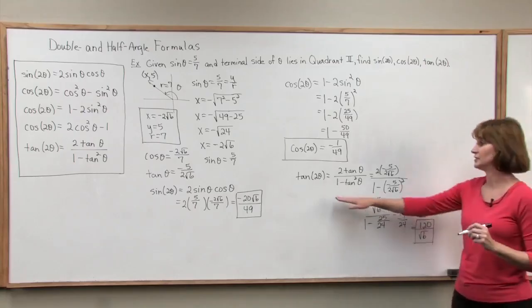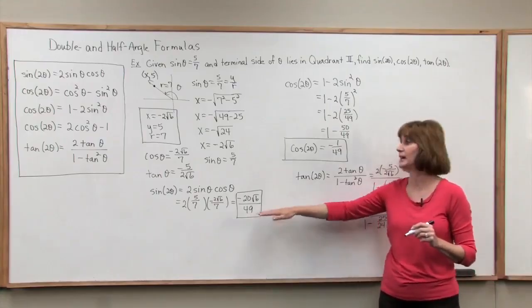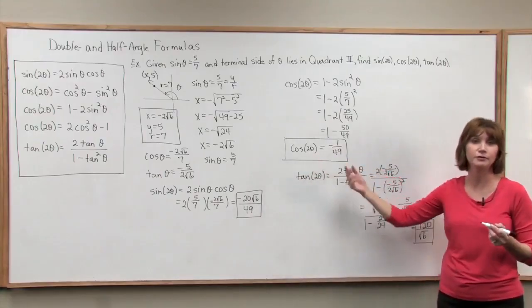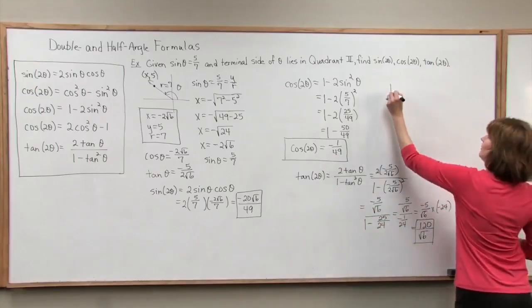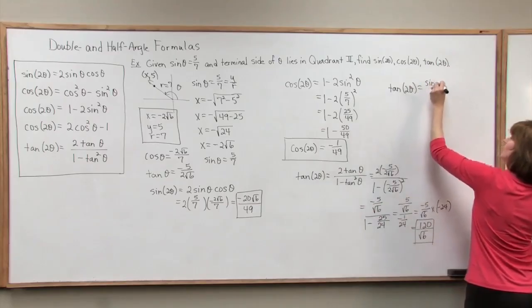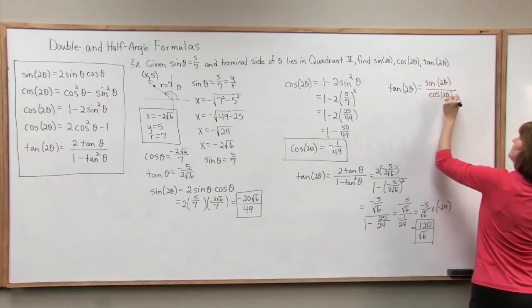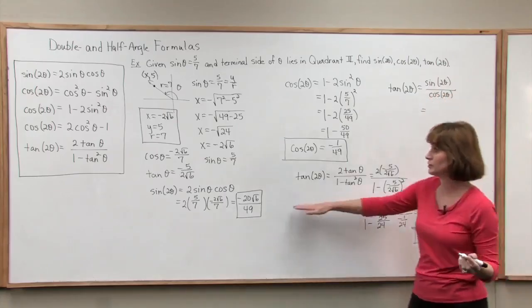One comment about tangent 2 theta. Since we found the sine of 2 theta and the cosine of 2 theta, if you knew both of those, you could have found the tangent 2 theta by doing sine 2 theta over cosine 2 theta. And we already found those, because you already had those values.